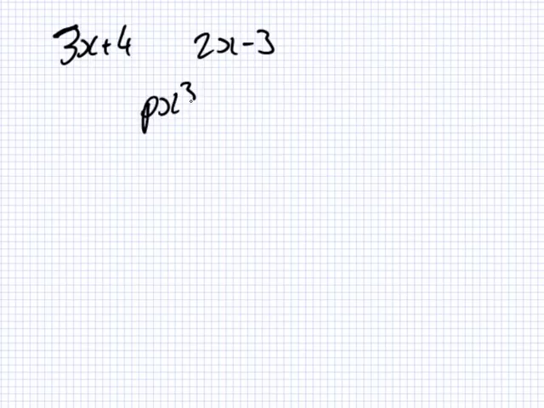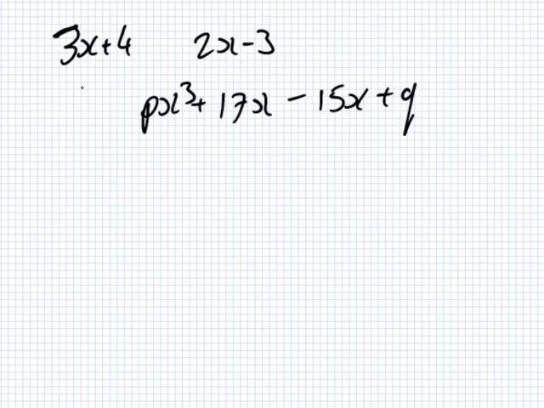Okay, that's cool. Right, so what is the info in the question there, Monica, please? Find p and q. 3x plus 4 and 2x minus 3 are factors of px cubed plus 17x squared minus 15x plus q. They're factors.